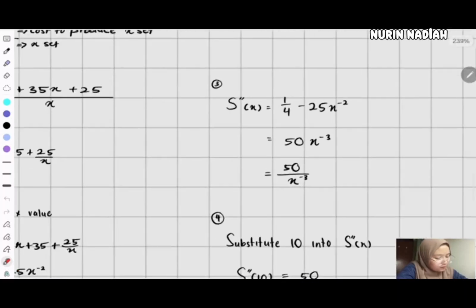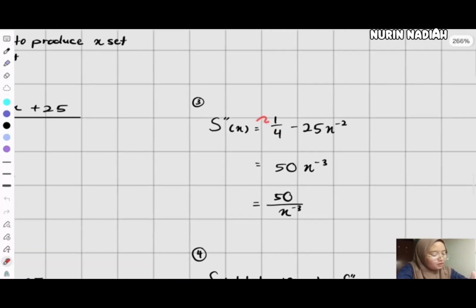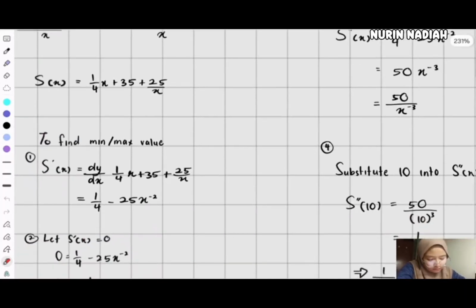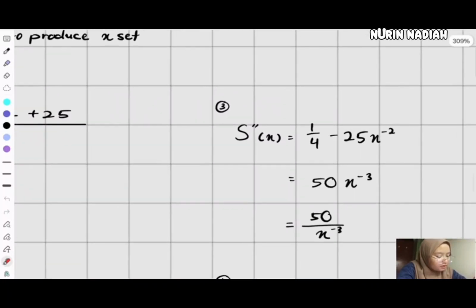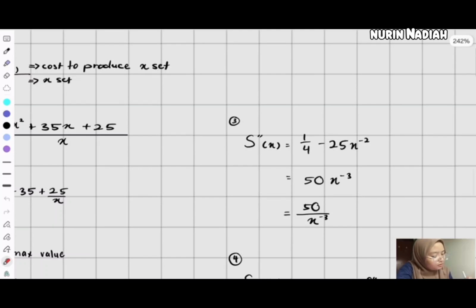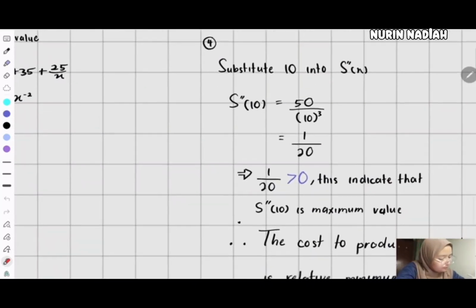So we will differentiate to the second derivative. So we will get 50x to the power of minus 3.